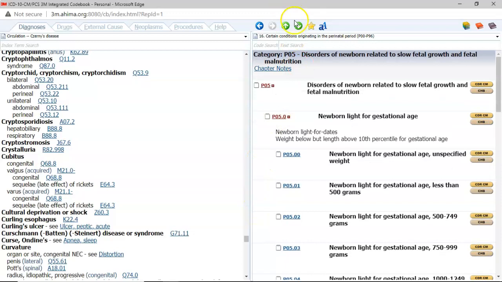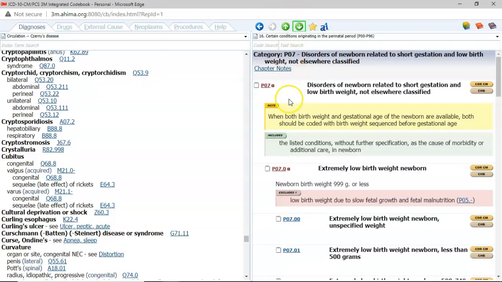Now I want us to look at P07. Okay, so this is a category related to short gestation and low birth weight. And we have a note here that says, when both birth weight and gestational age of the newborn are available, both should be coded with the birth weight sequenced before the gestational age.